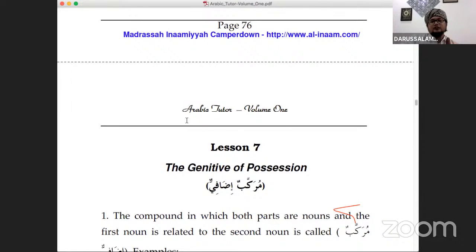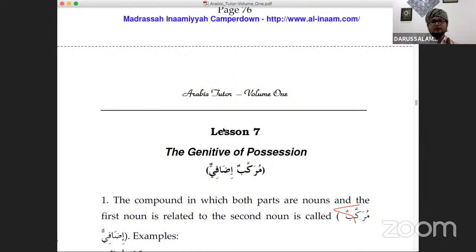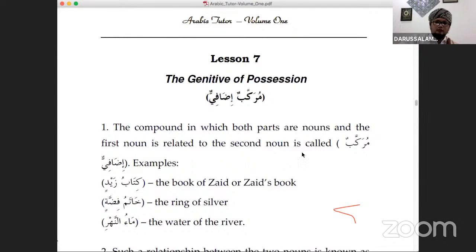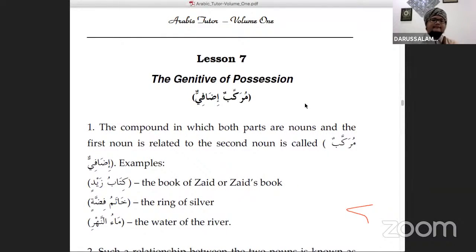Arabic Tutor, volume 1, page 77, lesson 7. مركب إضافي. Yeah, the genitive of possession, مركب إضافي.